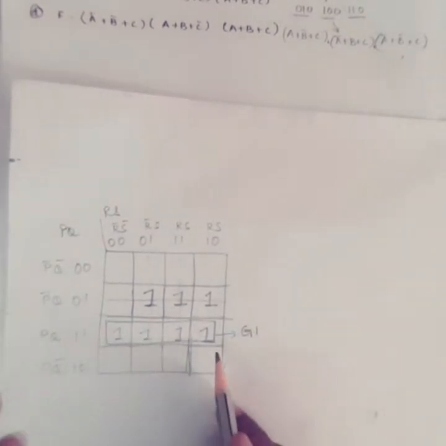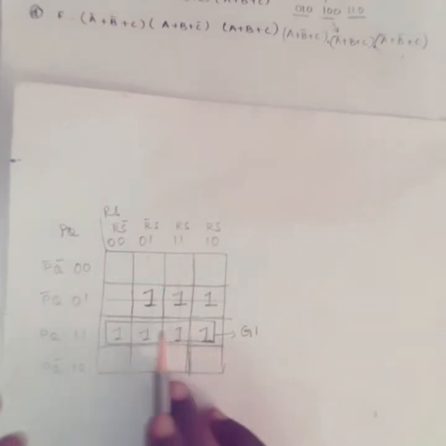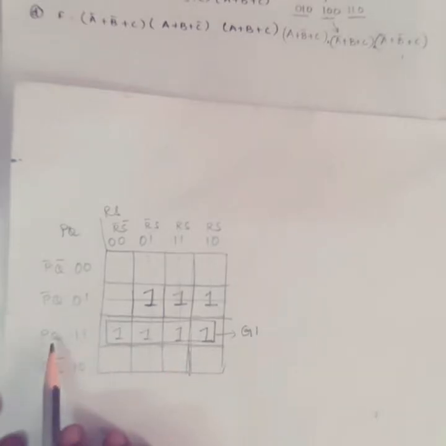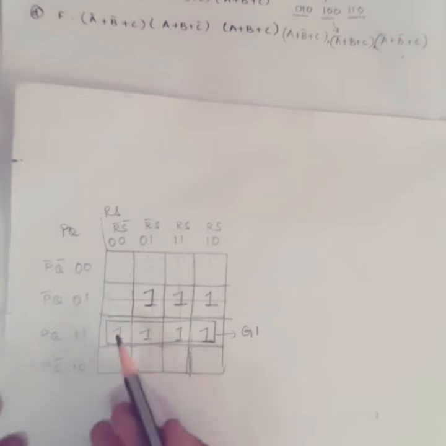Next we have to write the corresponding term for this group. For that we have to check the constant literal in this group, meaning among P, Q, R, S, which one is constant in this group?